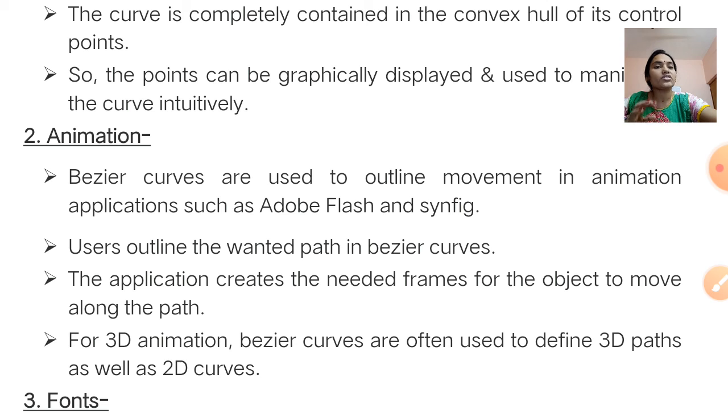The application creates the needed frames for the object to move along the path. For 3D animation, Bezier curves are often used to define 3D paths as well as 2D curves. In this way, Bezier curves are also used in animation.